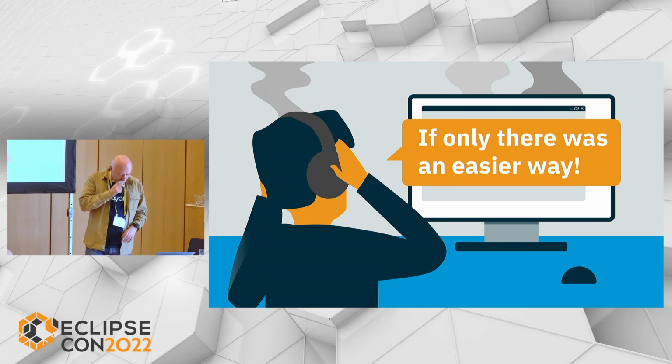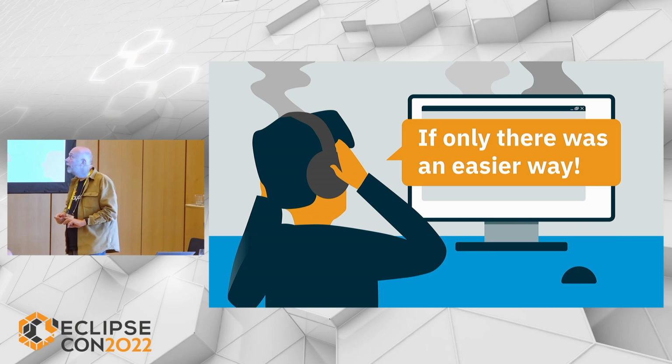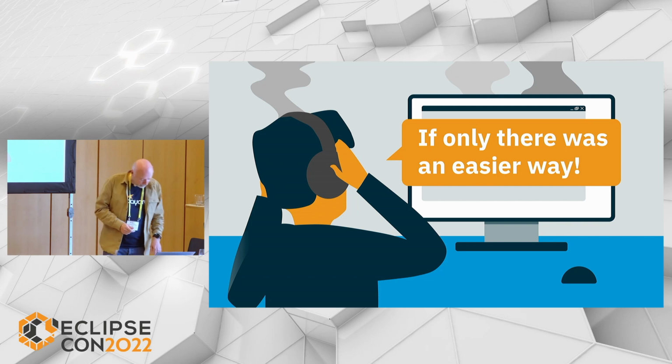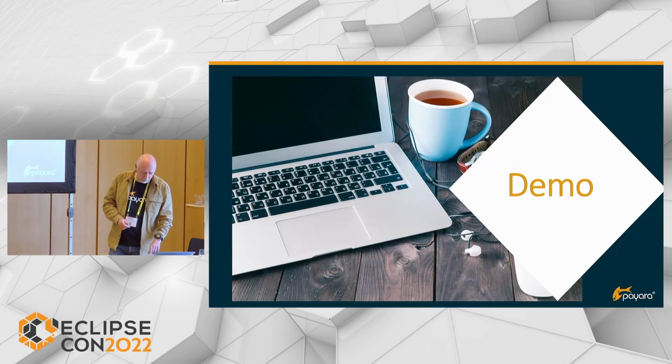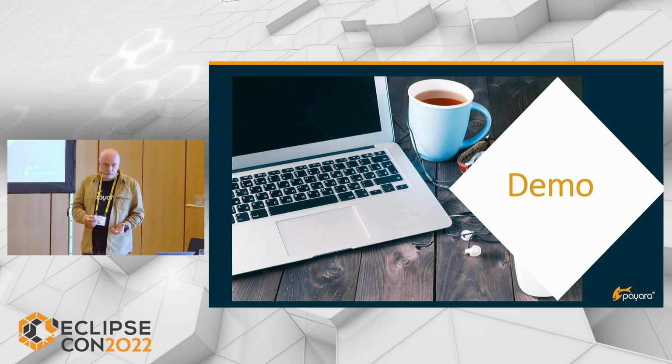So we thought, if only there was an easier way to do this. And I'm going to show you that now, if it works on the network. I'm going to do a quite quick demo of Payara Cloud. Before we dive into it, what we did was look at how you configure, say, Payara Micro, which you can do in a container on Kubernetes with MicroProfile Config and all those sorts of things, and all the steps you need to do that.